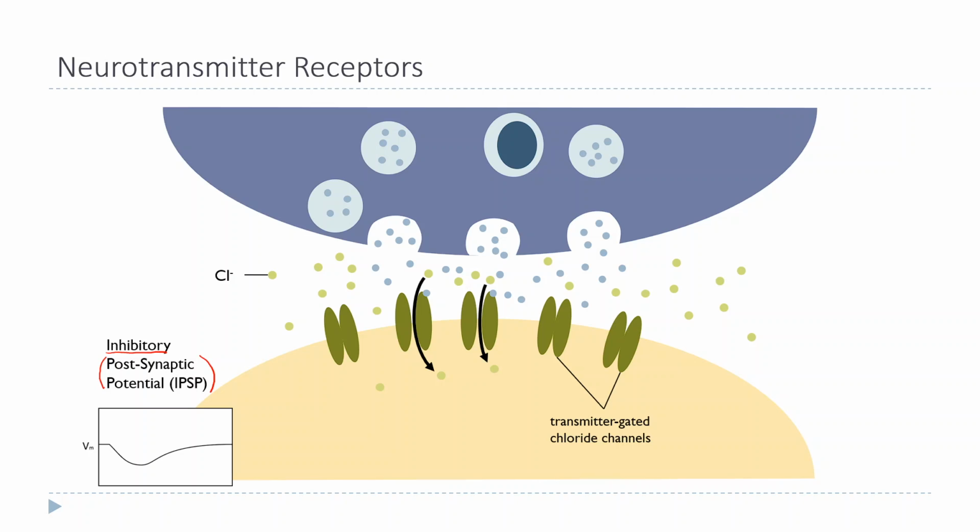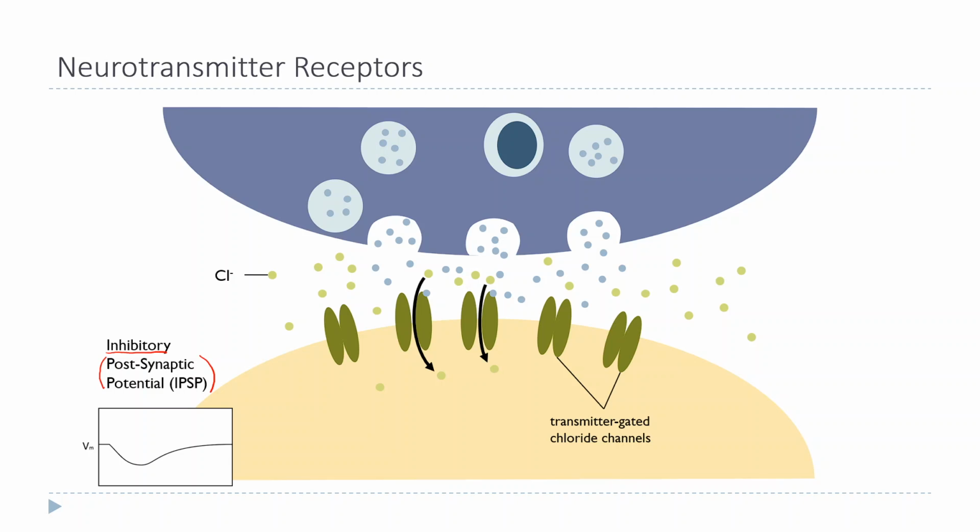But in any case, if this is the effect of that neurotransmitter, then we say that this neurotransmitter would be inhibitory. So for example, GABA, one of the other amino acid neurotransmitters, and glycine also, if they open transmitter-gated ion channels, those are typically chloride channels. Most of the ionotropic receptors for GABA and for glycine are chloride channels, so those two are usually inhibitory.